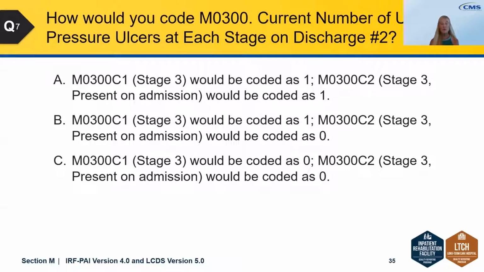Or B, M0300C1 stage 3 is coded as 1, and M0300C2 stage 3 present on admission is coded as 0. Or C, M0300C1 stage 3 coded as a 0, and M0300C2 stage 3 present on admission is coded as 0. So take a few moments and lock in your answer.